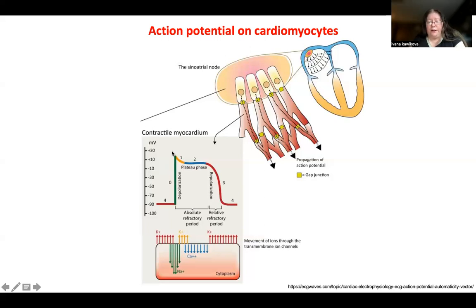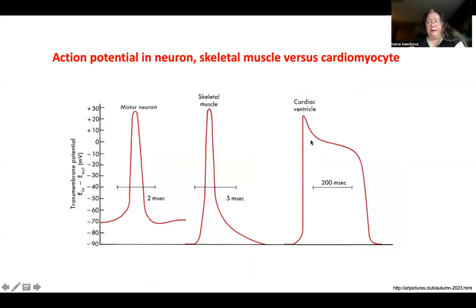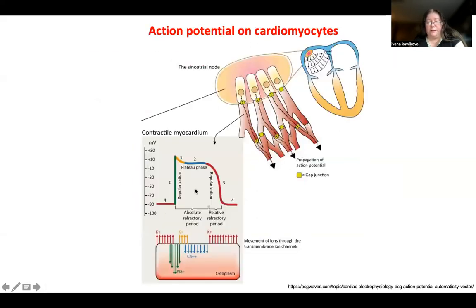Once it's depolarized, the depolarization activates voltage-gated channels. There was a change in voltage, so voltage-gated potassium channels, but shortly after that voltage-gated calcium channels are also activated. And this is unique. This plateau here is what is absent in the neurons or skeletal muscle. So what's happening during this plateau is that calcium moves in.